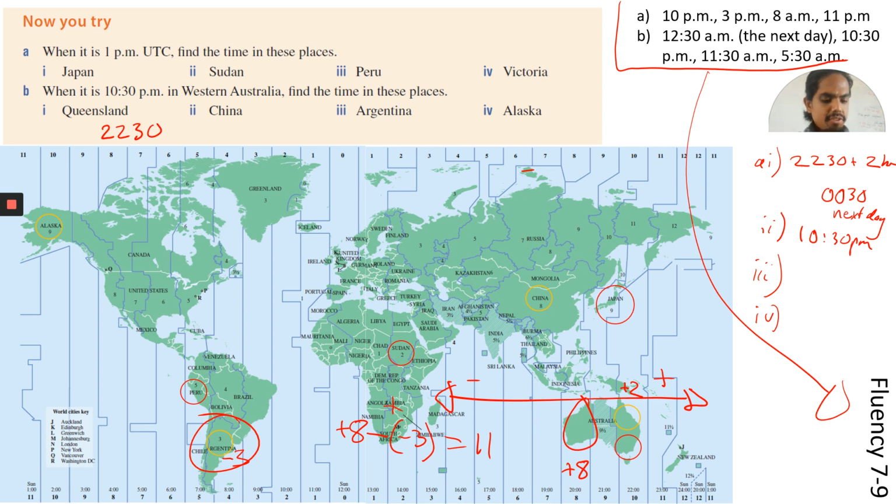So I need to subtract 11. I subtract because Argentina is still west of us. This calculation is the difference, and we are west, so we are subtracting that difference. So 10:30 p.m., let's use our 24-hour time because this makes a bit more sense. It avoids having to wrap around the AM to PM.